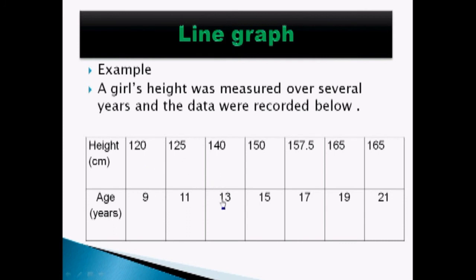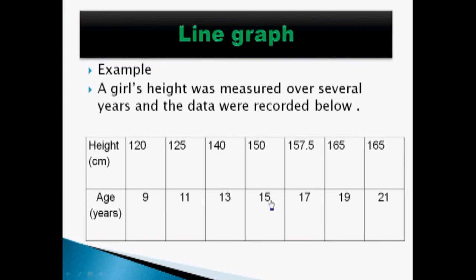What about the difference in height from ages 11 to 13? That would be what, 15 centimeters. So therefore she grew 15 centimeters more over 2 years. And then between ages 13 and 15 she grew another what, 10 centimeters over another 2 years.